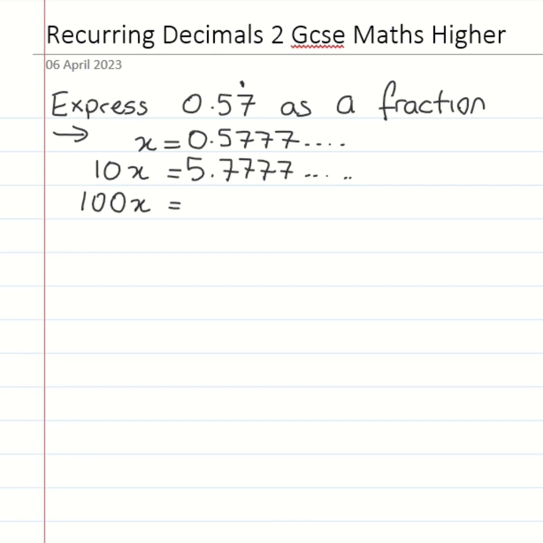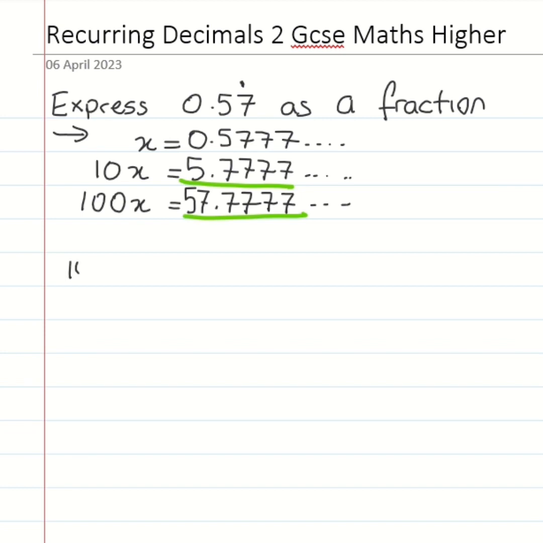So if we multiply the x by 100, then we would have 57.7777 recurring. Now, if we look at these two lines, we would see that the recurring parts of the decimals are exactly the same. So these two are what we are going to use in our calculation.